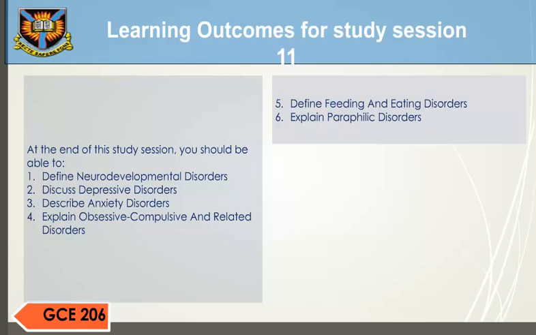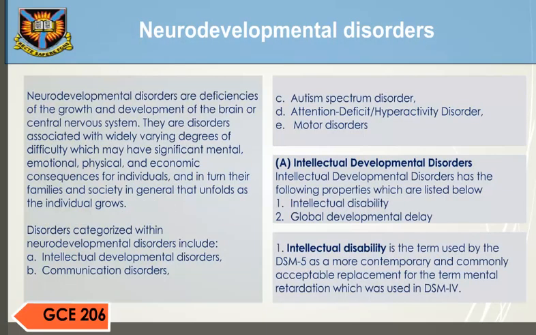Define neurodevelopmental disorders. 2. Discuss depressive disorders. 3. Describe anxiety disorders. 4. Explain obsessive compulsive and related disorders. 5. Define feeding and eating disorders. 6. Explain paraphilic disorders.